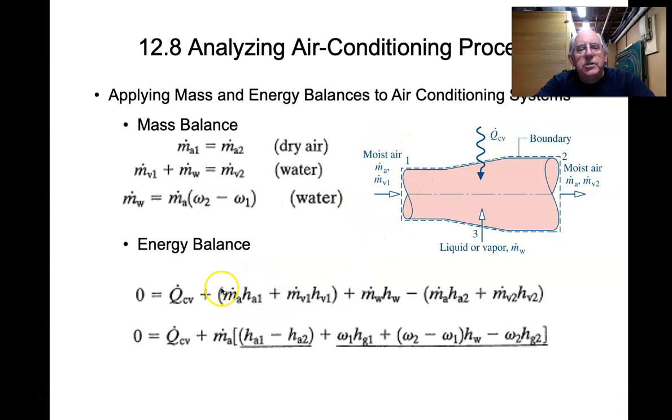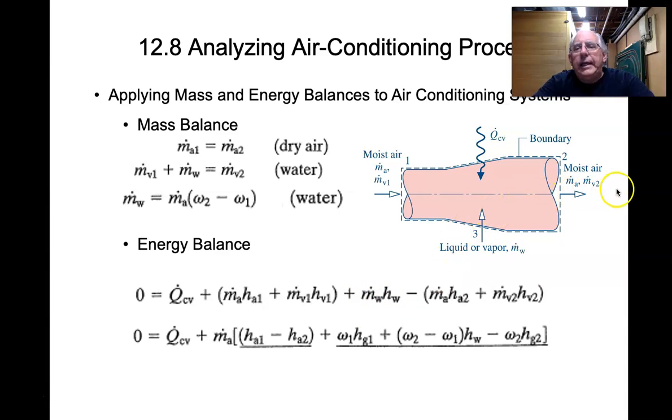We see that it's a certain amount of dry air with an enthalpy, a certain amount of vapor with its enthalpy, and so that's what's flowing into the left-hand side. We have a certain amount of water flowing in with a certain water enthalpy, and that's what's coming in at state 3 here.